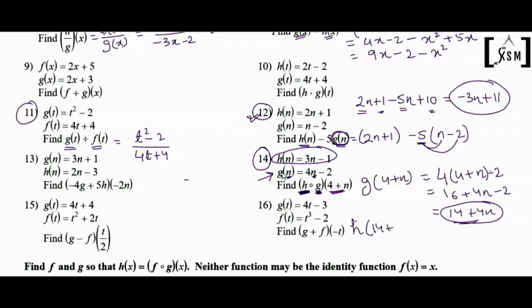So 3 bracket 14 plus 4n and minus 1. 3 times 14 is 42 plus 12n minus 1, which is 41 plus 12n. So that is my answer, guys. I hope it is clear.